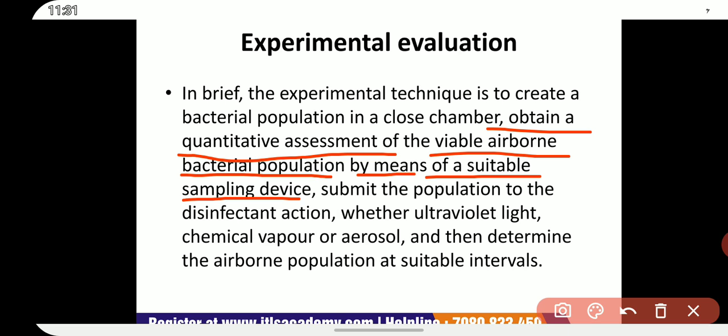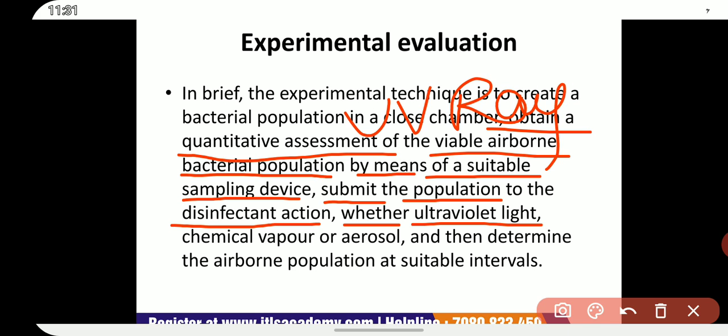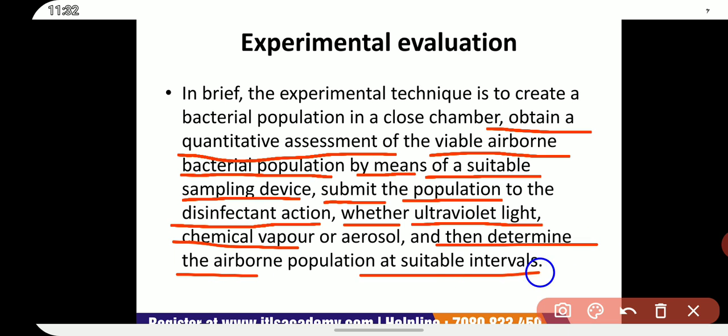Now submit the population to the disinfectant action, whether it may be ultraviolet light, that is UV rays, or chemical vapor or aerosol, that is particles of gases and solids in the air, and then determine the airborne population at suitable intervals.